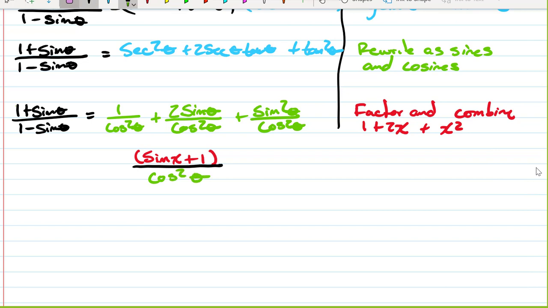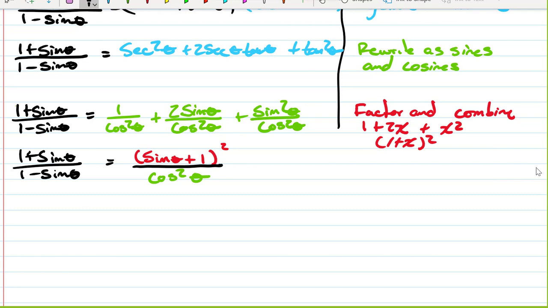Sorry, it shouldn't be an x, it should be theta, because we're using the variable theta. This factors into (1 plus x) squared. And then our left-hand side stays exactly the same: 1 plus sine theta over 1 minus sine theta.